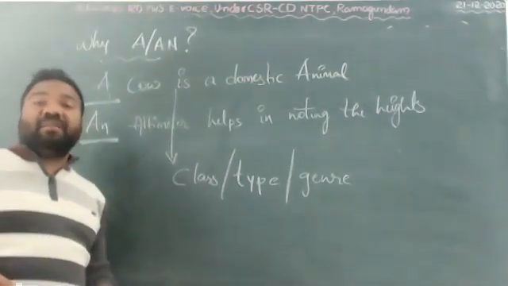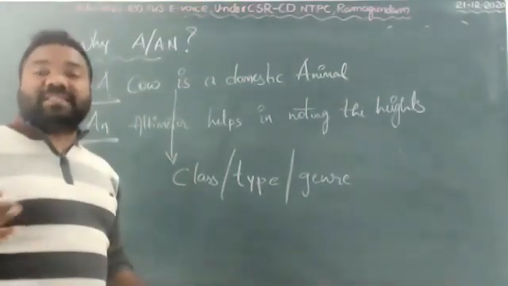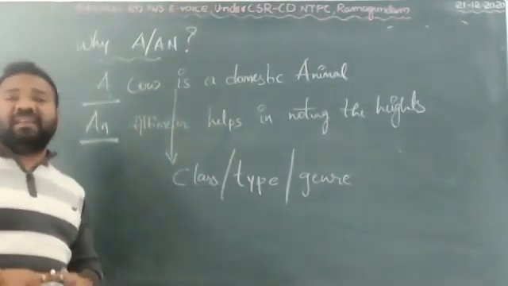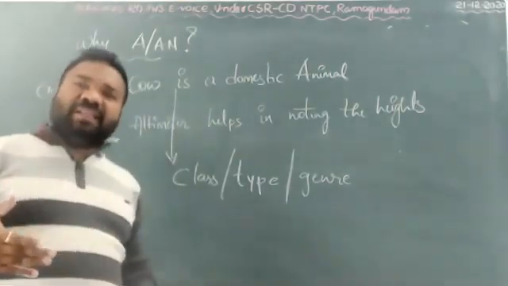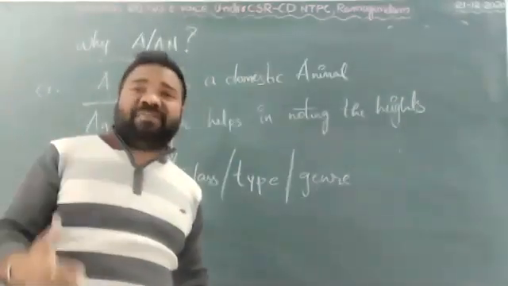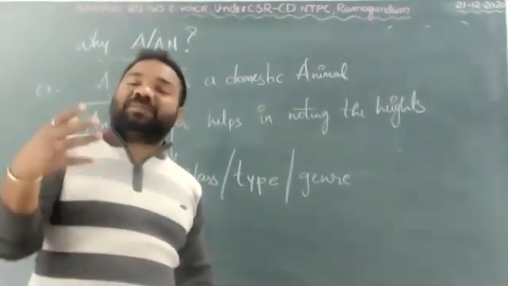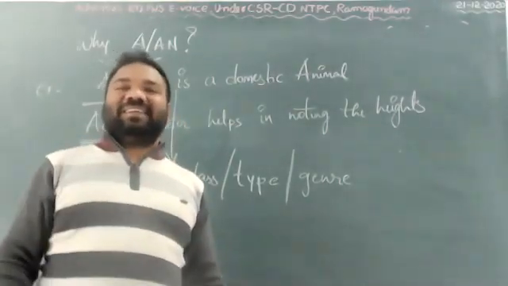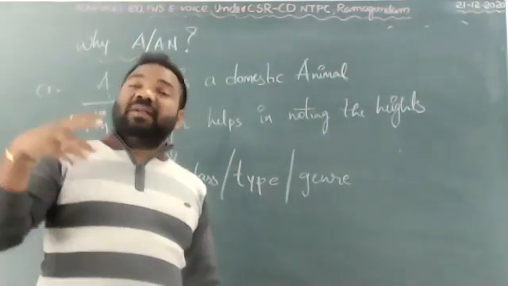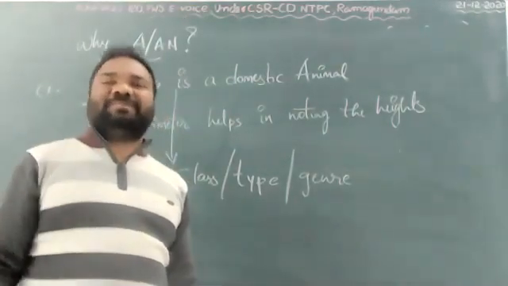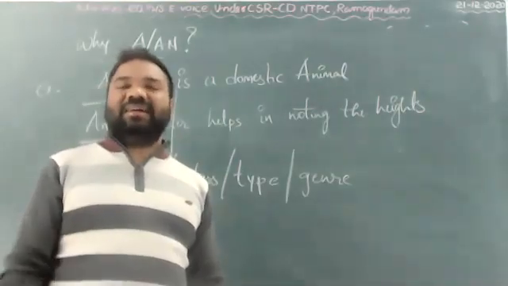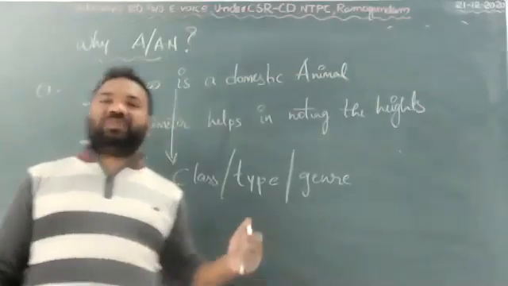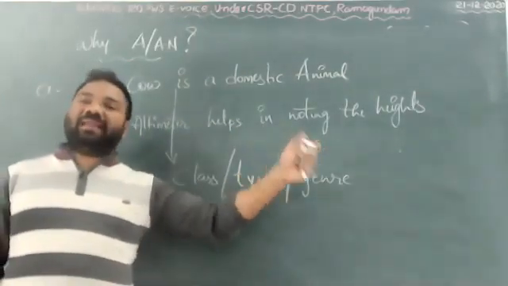By looking at these examples, we can say that in general, not so specifically, when a speaker defines things, we use a or an. So I hope you have understood a and an.